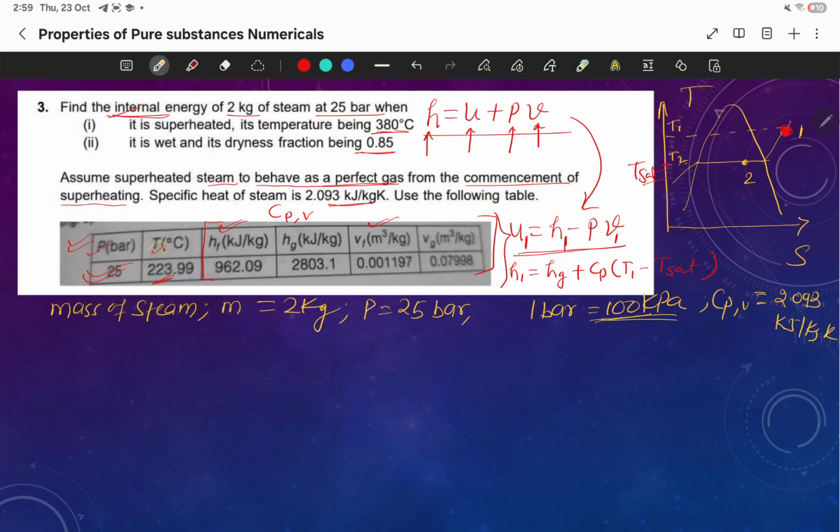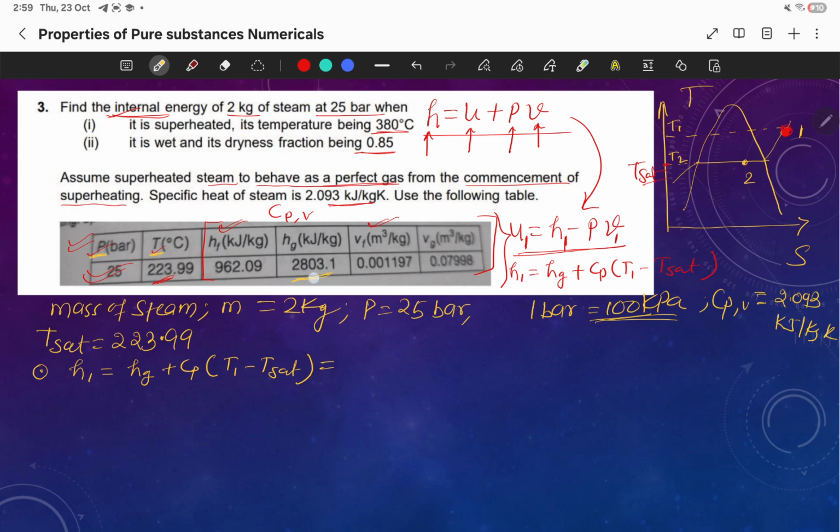So this is the saturation pressure and this is the saturation temperature. So T saturation is given in the table as 223.99. Okay, so now can we calculate the value of H1?